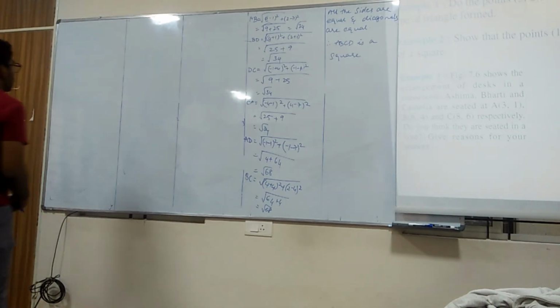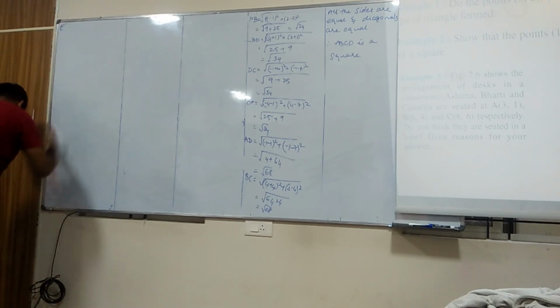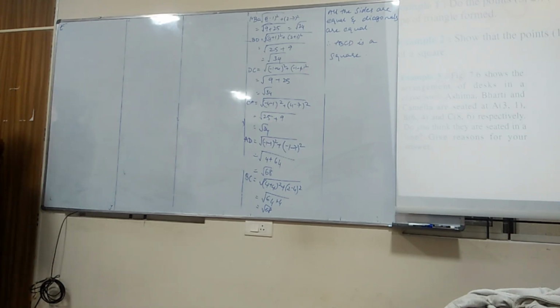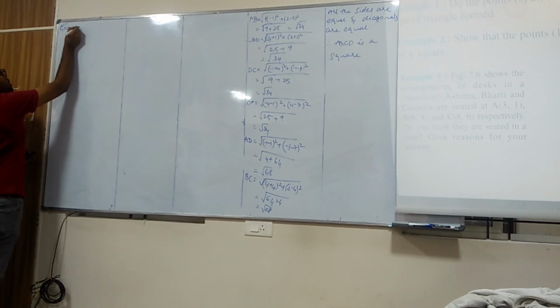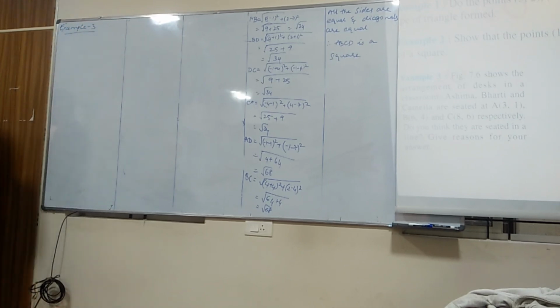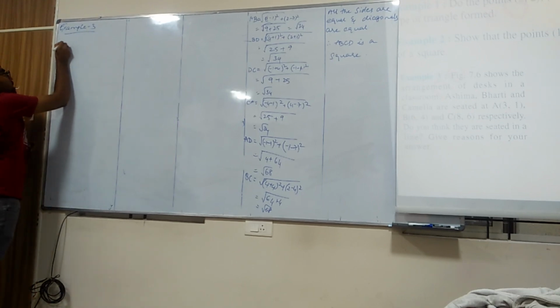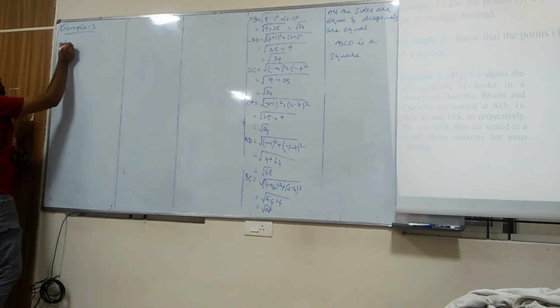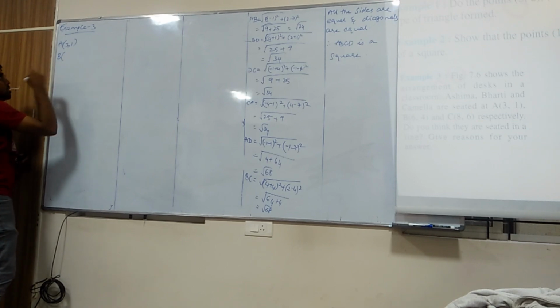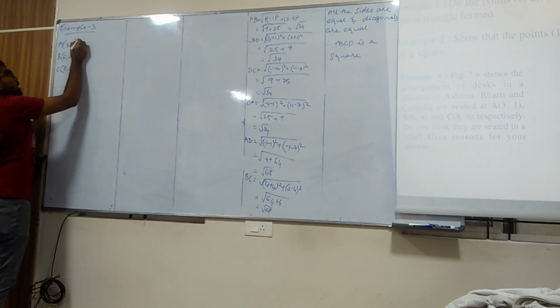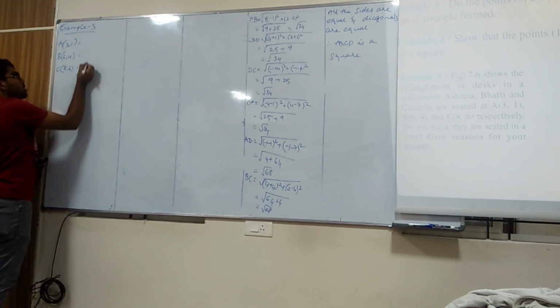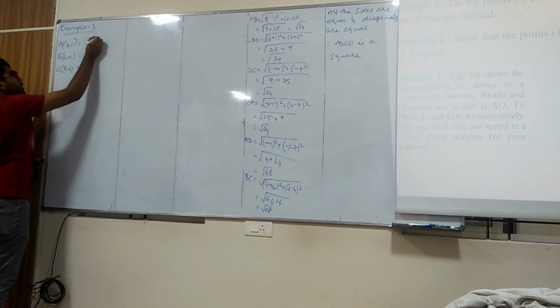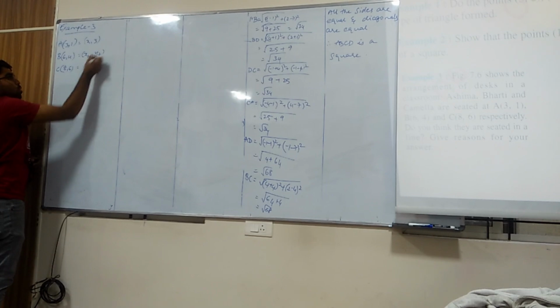So, A, B, C. This is A equal to x1, y1, B is x2, y2, and C is x3, y3.